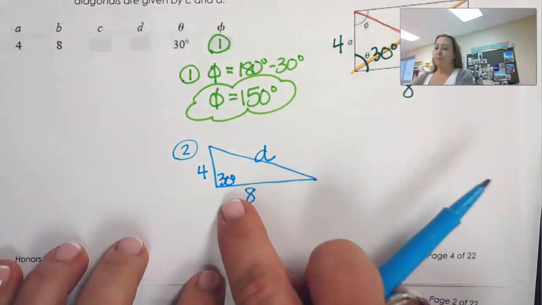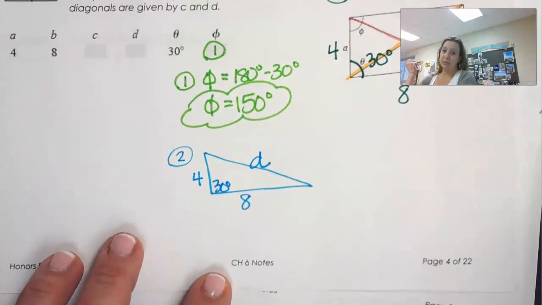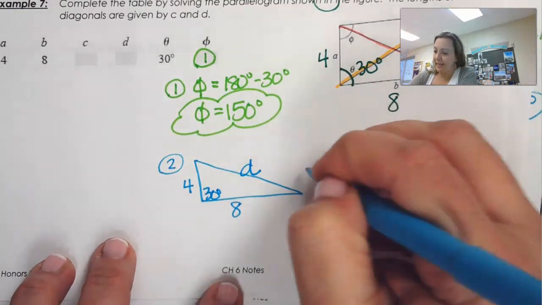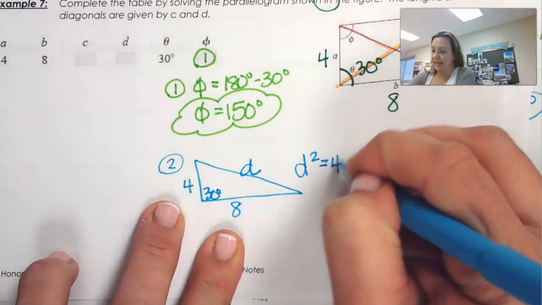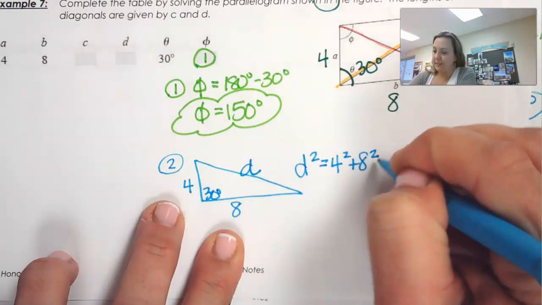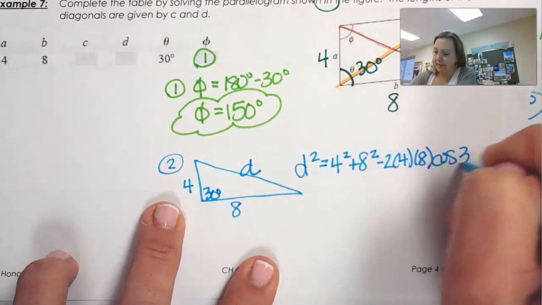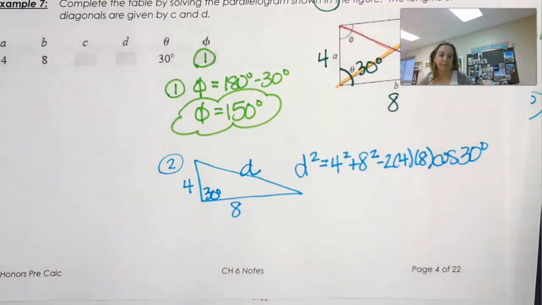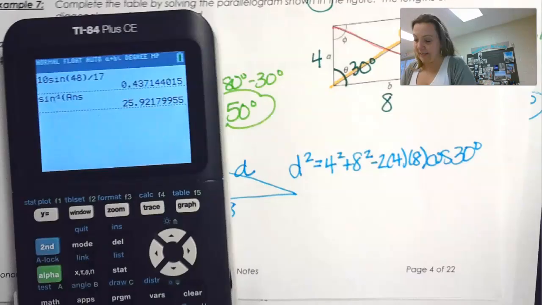Because we don't know both the angle and the side that's opposite that, we're going to have to use the law of cosines. So we could say that D squared equals, then use the other two sides, 4 squared plus 8 squared minus 2 times 4 times 8 times the cosine of 30 degrees. And then because that's all on one side, I just type that right in the calculator.